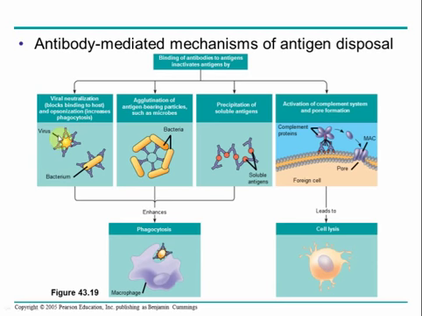Because the antibodies are bound to the antigens, this virus is now prevented from binding to a host cell. What you'll basically have is, in the bloodstream or in the tissue fluid, viral particles floating around with antibodies attached, and macrophages and various other phagocytic cells consume this entire thing and take it apart.